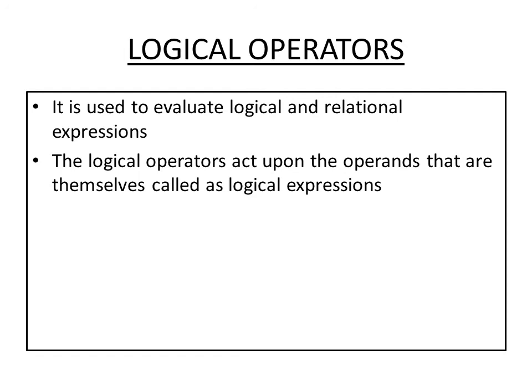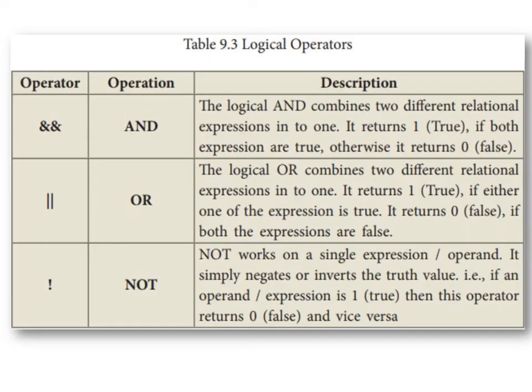Next is logical operators. It is used to evaluate logical and relational expressions. These logical operators act upon the operands and hence will be called a logical expression. These are the three logical operators that we commonly use: logical and, logical or, logical not.